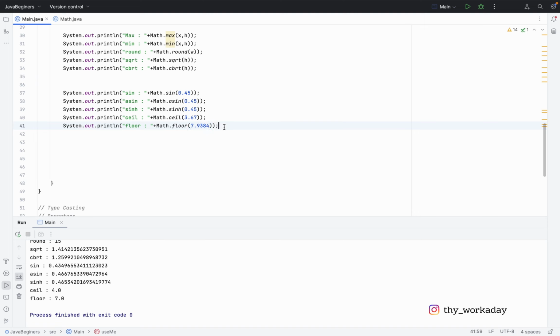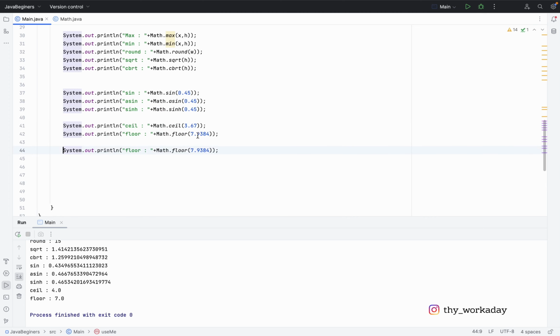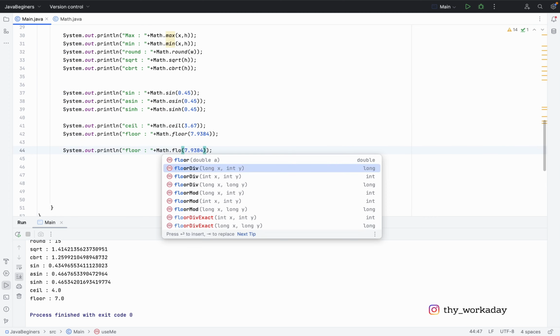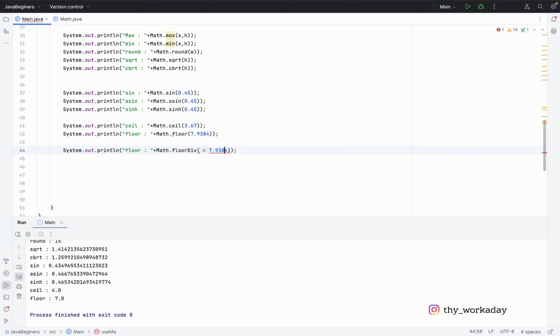And it has another one, floor div. You can now see about floor div. What it will do, it will divide those values and give you the result like this, floor div.